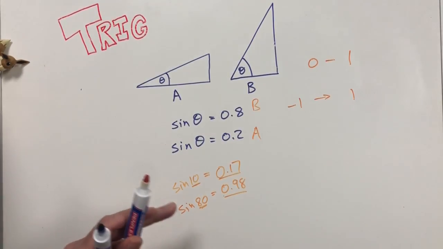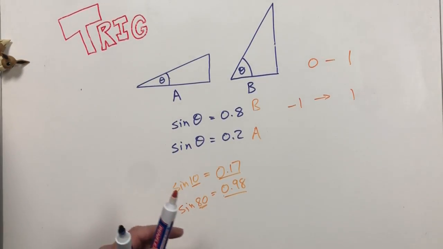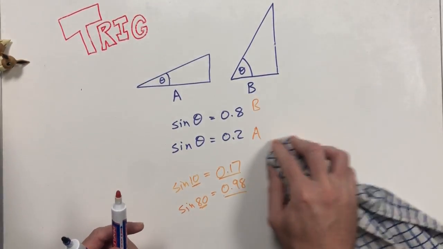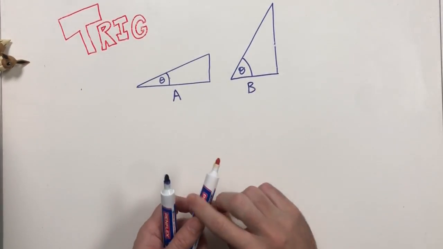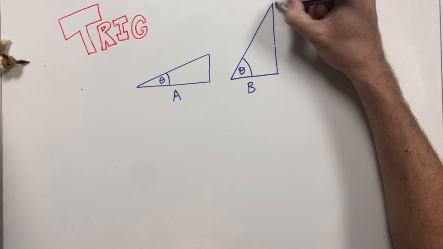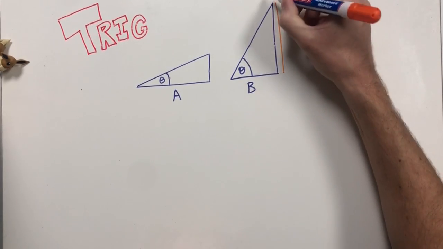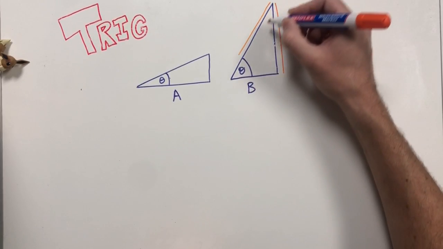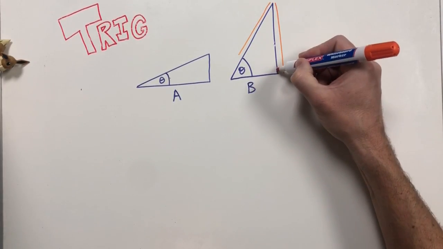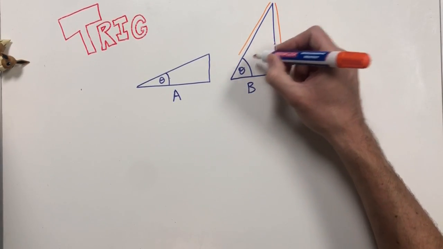And let's just think about why that is. Again, this is a lot of extra information, but why would I never have a sine value greater than 1? Because sine is how much of this line fits on this line, and this is always the longest line. I could never draw a triangle where this line is longer than that line. I mean, how would that even look?